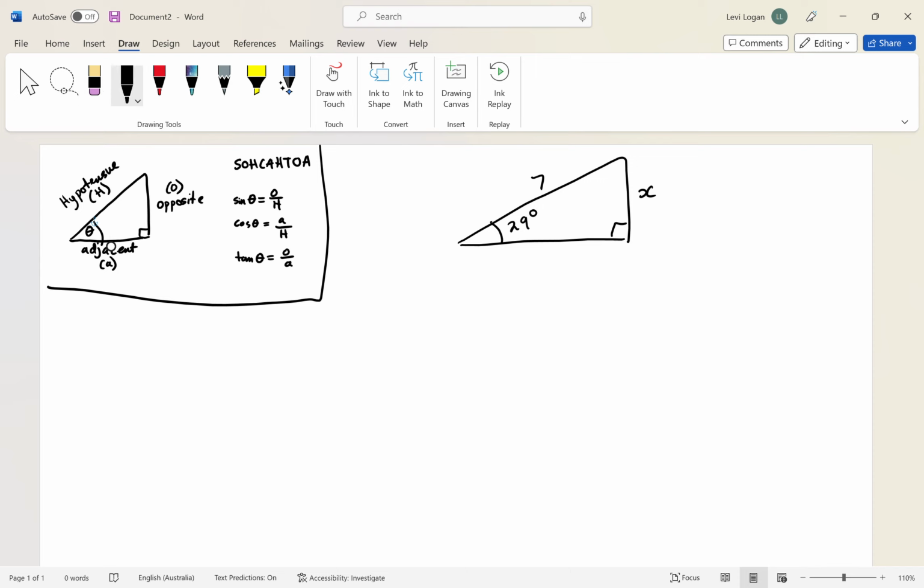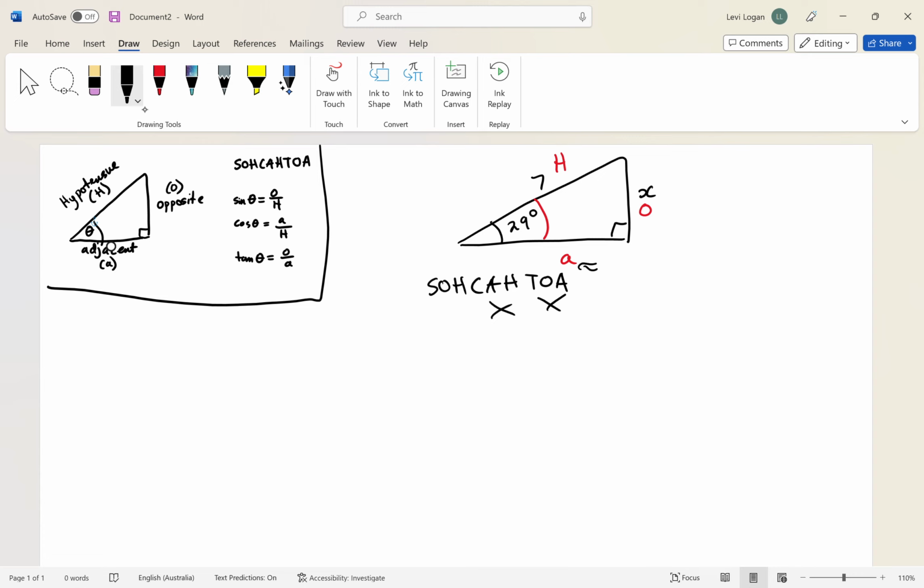Okay, so just starting off with our angle, we'll go our angle here. We have opposite, adjacent, hypotenuse. So we have SOH CAH TOA. Okay? We don't have any information about the adjacent, so we're not going to use cos or tan because we don't need to find it.